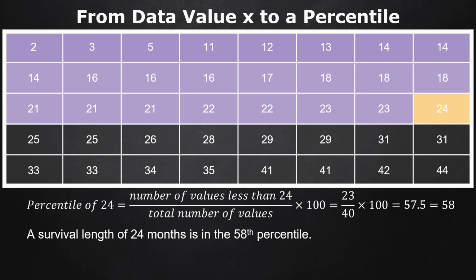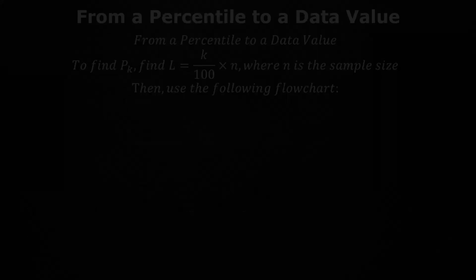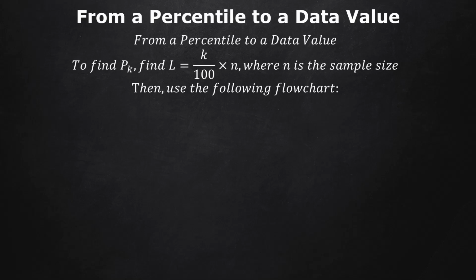So yeah. Now how about if we wanted to go the other way around, and we start at a percentile and we want to find the data value? Then it's a totally different process, and it's also kind of weird. So this is what we do. From a percentile to a data value. To find the kth percentile, find L, which stands for locator.